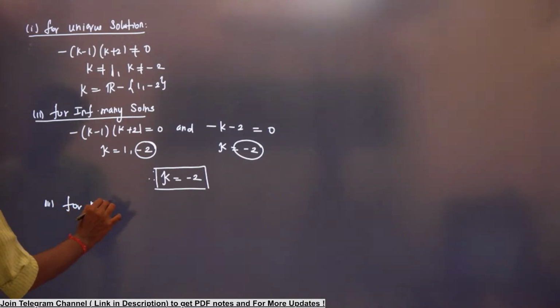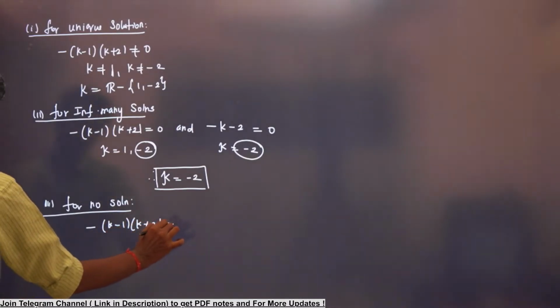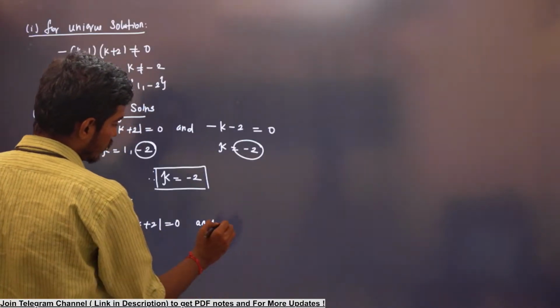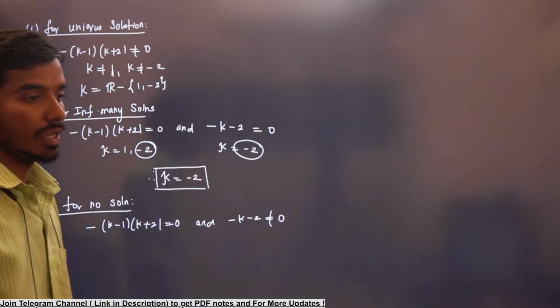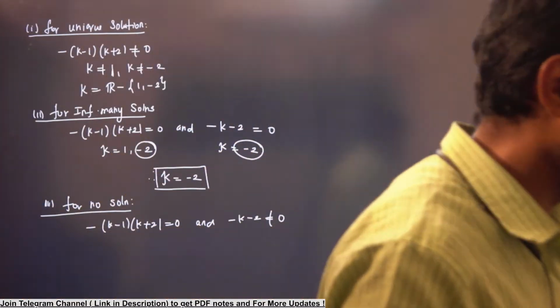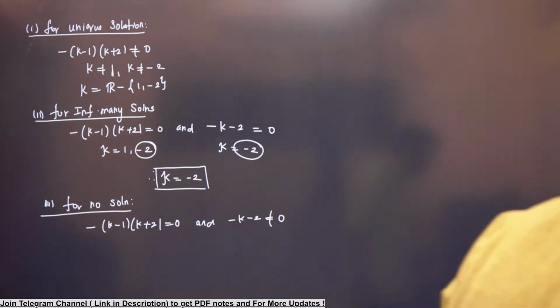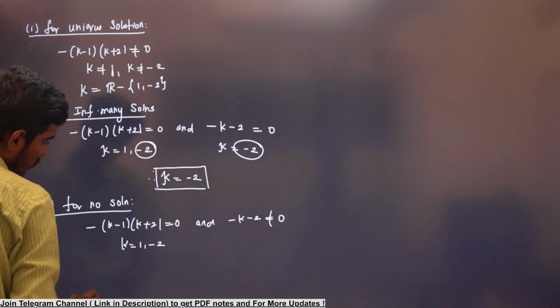Now for no solution, this number minus of k minus 1, k plus 2 has to be 0, and that number should not be 0. Yes or no? If this is 0, rank of A will be 2. If that is not 0, rank of A comma B will be 3. This will be 0 when k is 1 or minus 2.